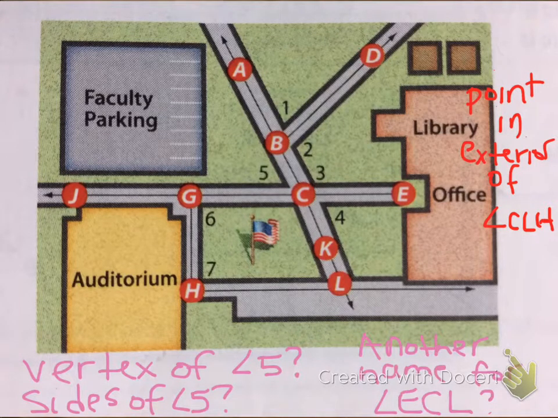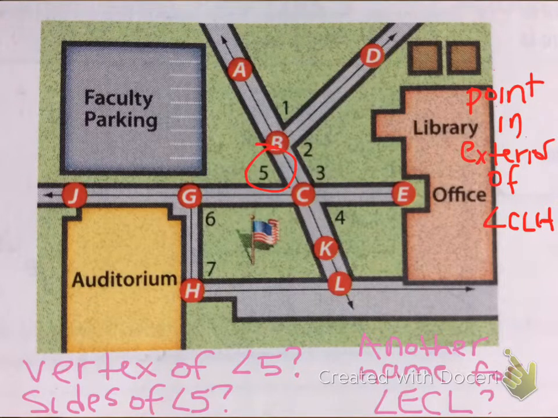Now we're going to find different parts of the angles here. So it says, looking at this picture, we're going to find the vertex of angle 5. So if we find angle 5, it's here. Let me circle it.